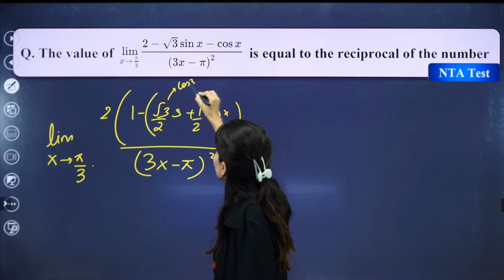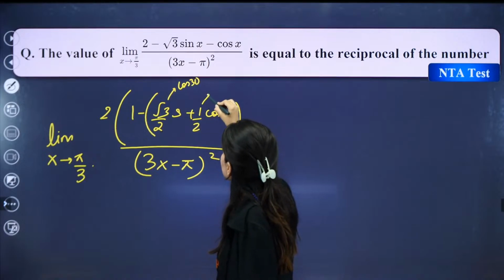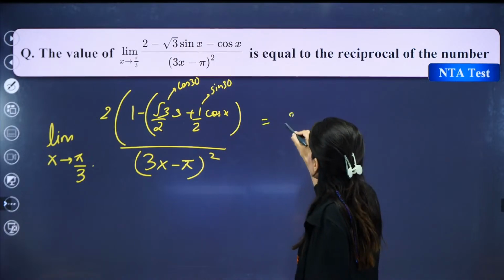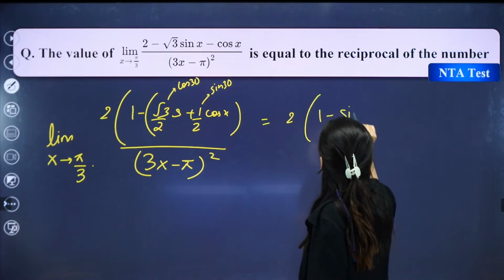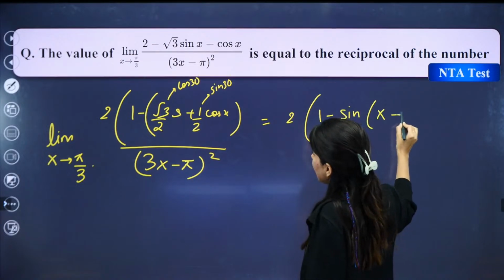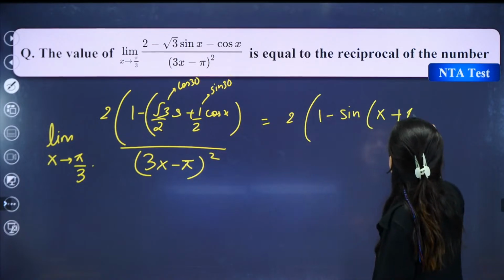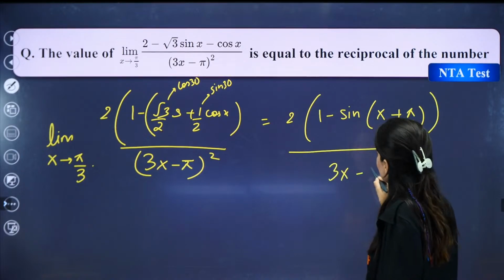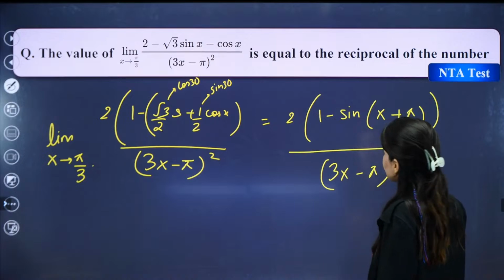Cos 30 sin x, and this is sin 30 cos x. So sin A cos B plus cos A sin B. So 2 times 1 minus sin of x plus 30 degrees, pi by 6, whole upon 3x minus pi whole square.